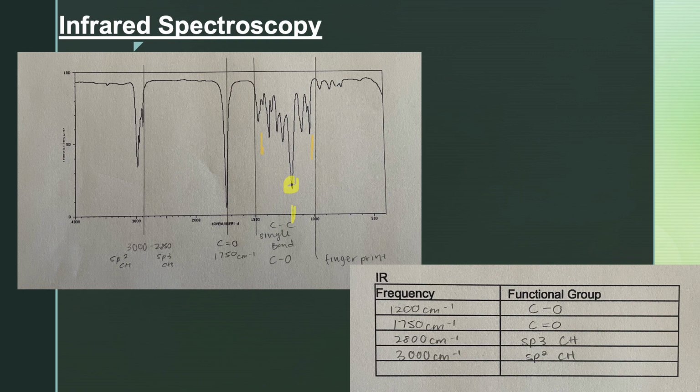Over here, another notable is at 1750. That nice sharp peak looks like a CO double bond, which is very important. And then over here, between 2800 and 3000 we have some sp2 CH bonds and sp3 CH bonds, and then just a little bit of fingerprinting down in here.